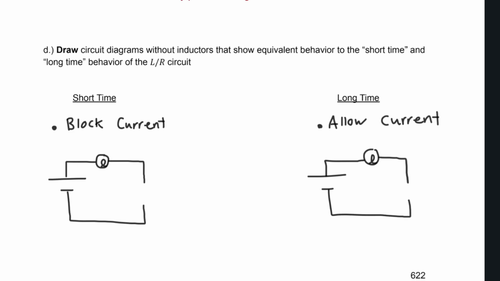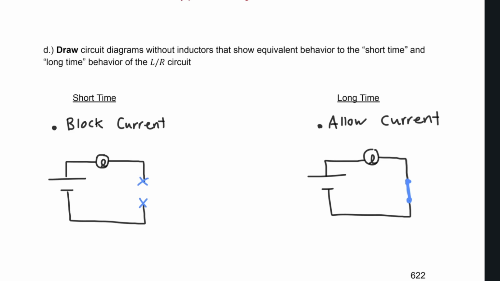So first, if we're looking for something that blocks current, well, that's just going to be a gap. So I'm just going to put my X's here so I know it's not a mistake and that there actually should not be any sort of connection there. Because again, notice no current flows if there's a gap right there. But if we want to allow the current, well, that's just a wire. So it behaves like a short circuit.